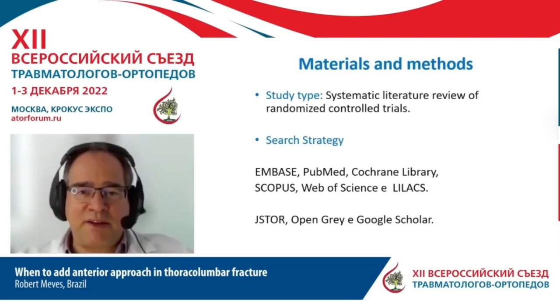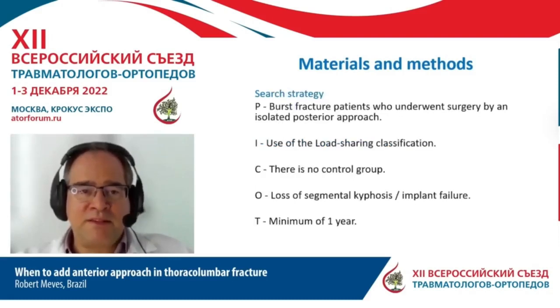This study was a systematic literature review of randomized controlled trials. We used Embase, PubMed, Cochrane Library, Scopus, Web of Science, LILACS, and others. These are the search strategies. The population was patients with thoracolumbar burst fracture.